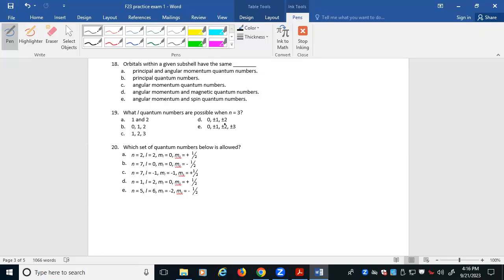Now, for L, what we have to remember is that there's a key to it. The key has to do with what number corresponds to what sublevel. So for L, we primarily talk about these 4 sublevels, and they correspond to these sublevel shapes.